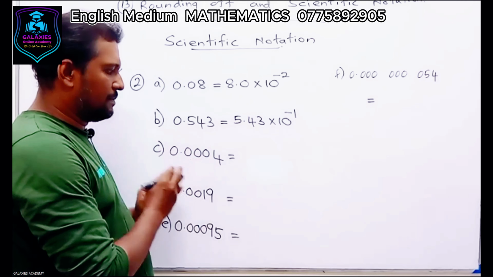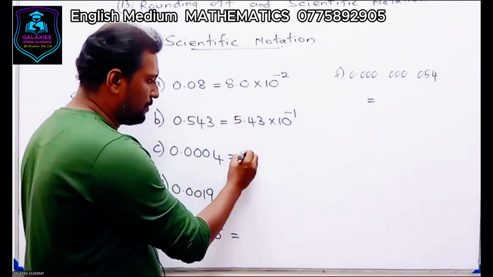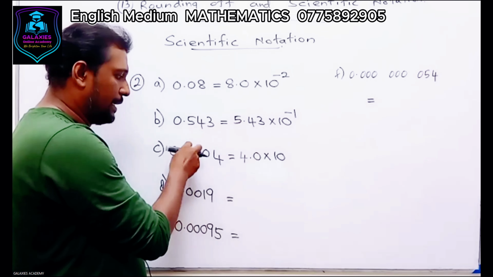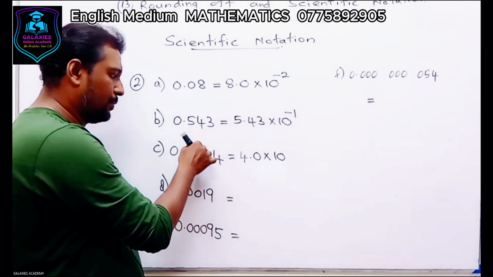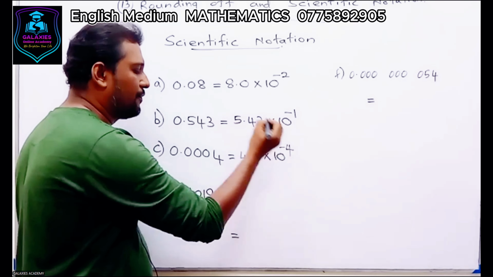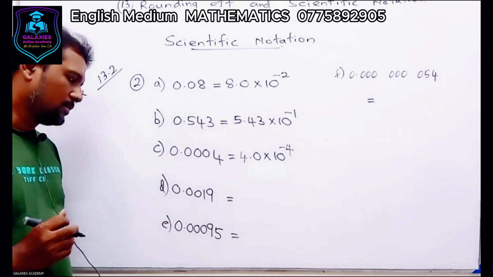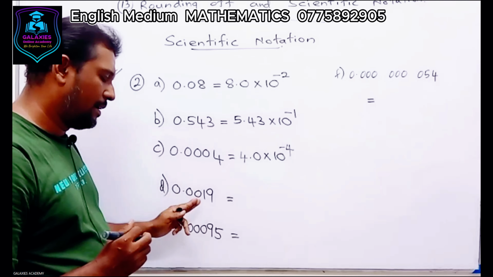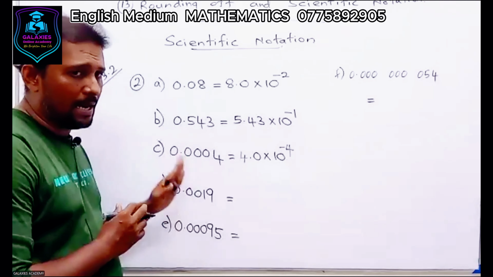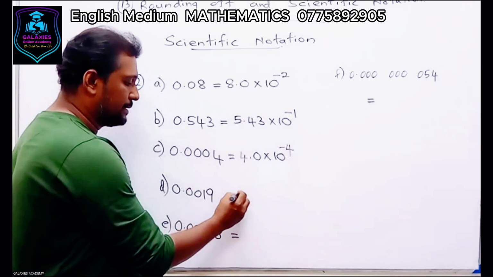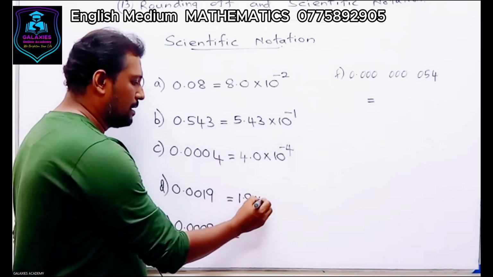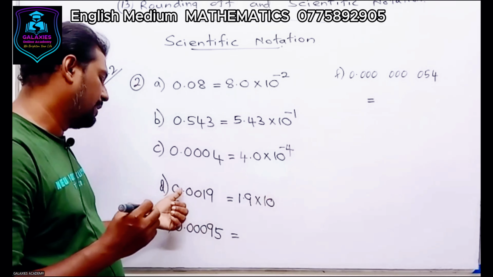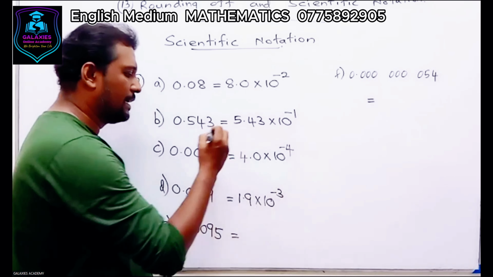We have to keep the decimal point after 4. 4.0 10 to the power minus 1, 2, 3, 4. Minus 4. Sample D, look at the first digit except 0, 1. So you have to keep the decimal point between 1 and 9. 1.9 multiply 10 to the power 1, 2, 3. Negative direction 3 places, negative 3.